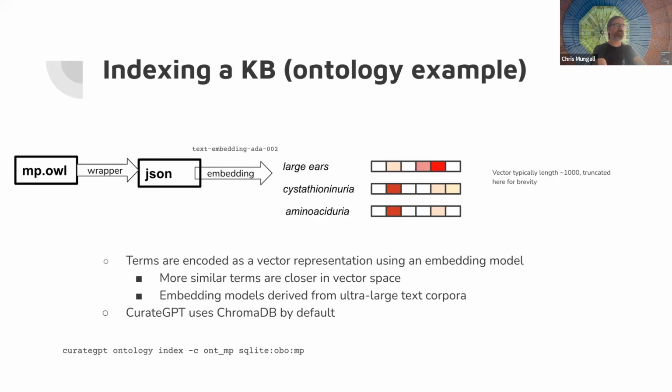So it turns the text into a vector that represents a point in semantic space, such that similar terms are closer to one another and more different terms are more distant from one another. We recommend using the OpenAI text embedding ada-002 model to do this. You can use open models that are run locally, but we found they don't work so well yet. We're hopeful that they will work better in the future, and you may have different experiences.